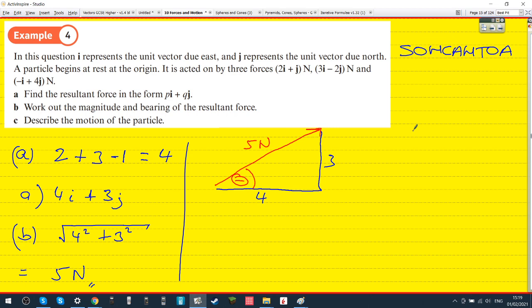Let's use the values that we originally had, because maybe we made a mistake with our 5. So should we do tan theta equals 3 over 4? Yeah. And then tan theta equals 3 over 4. Yeah.